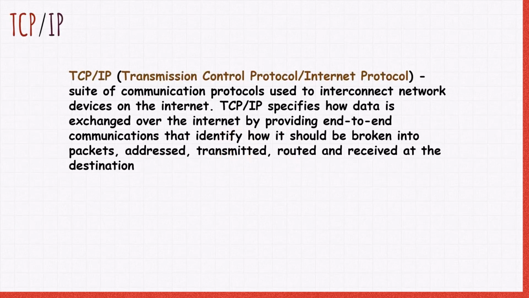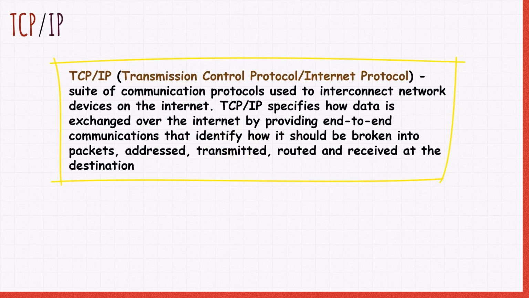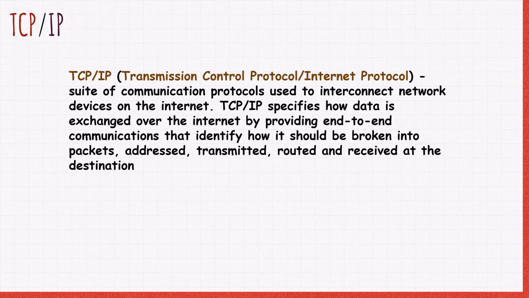Now, TCP/IP specifies how data is exchanged over the internet by providing end-to-end communications that identify how it should be broken into packets, how it should be addressed, transmitted, routed, and received at the destination. TCP/IP requires little central management, and it is designed to make networks reliable with the ability to recover automatically from failure of any device on the network.